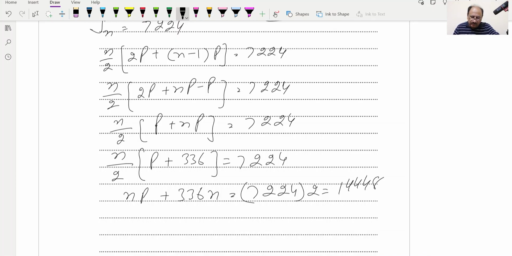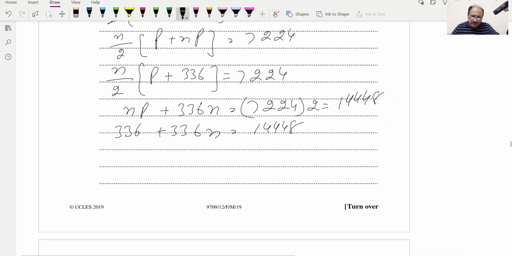And now we can again replace this np value, which is 336, so 336 plus 336n is equal to 14448.